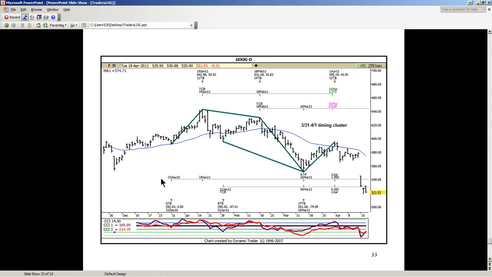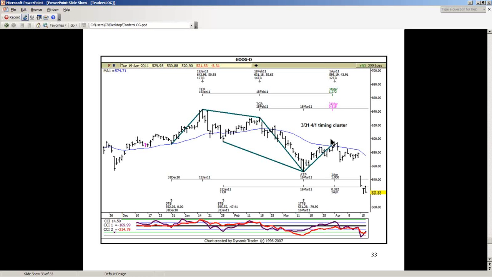I did an alternate time projection where I measured the December 31st low to the Jan 19th high and then projected it 100% from the March 16th low. That gave us April 1st as a date, and I also measured a prior low-to-low swing. We got a confirming cycle there, 382, that came in on April 1st. So here was a cluster of 4 time cycles between March 31st through April 1st for a possible high.